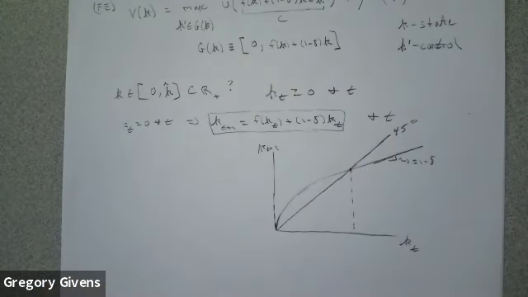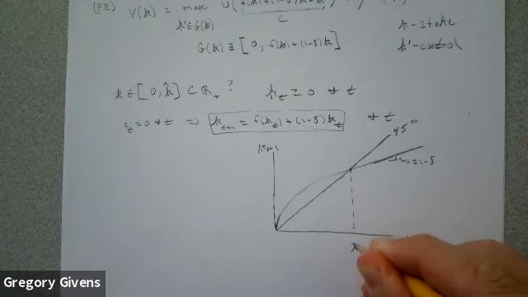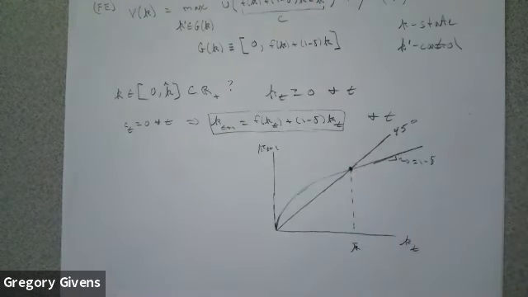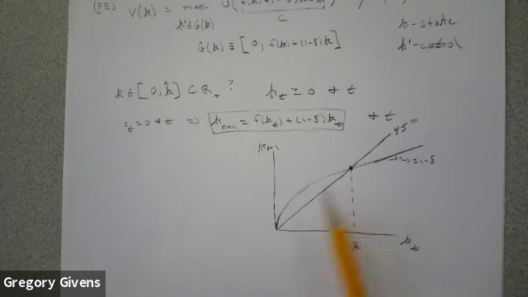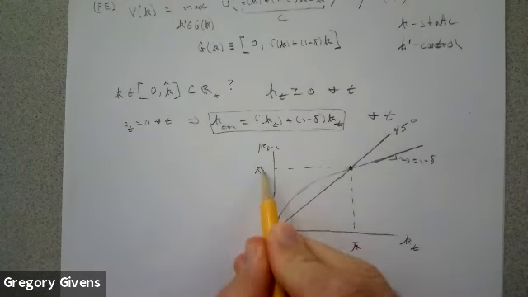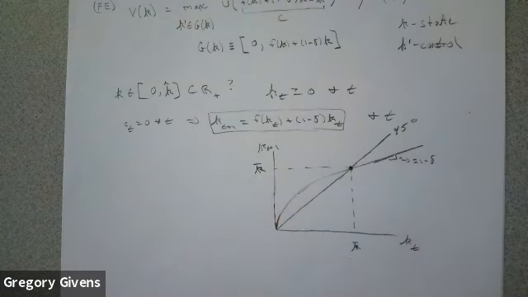I'm going to call this point K bar. This is the maximum sustainable level of capital in this model. If the planner were to choose consumption equal to 0 forever, eventually the capital stock will settle down to this point, K bar, which is the fixed point of this mapping.